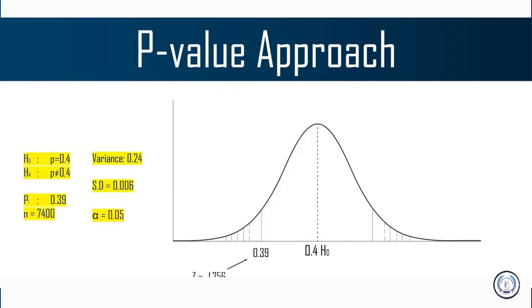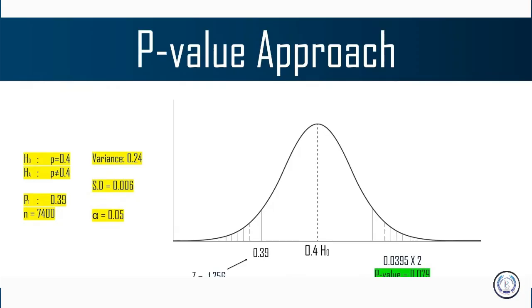For the probability corresponding to the given Z score of minus 1.756, we get 0.039. Since this is a two-tailed test, you multiply this value by 2 and obtain the p-value as 0.079. Now, since this value is greater than the given level of significance, you fail to reject the null hypothesis.